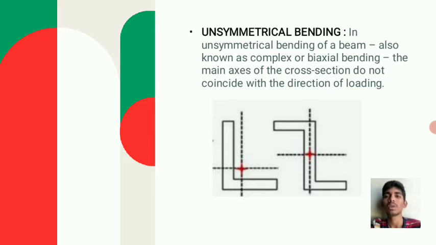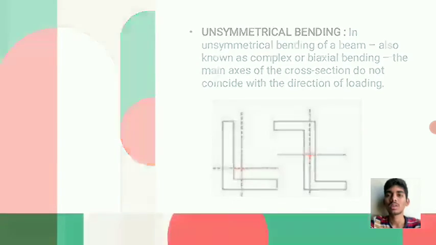And if we consider the Z section beam, it is an unsymmetrical beam, which means it is not symmetrical about the x axis or the y axis. Therefore, it is unsymmetrical bending.